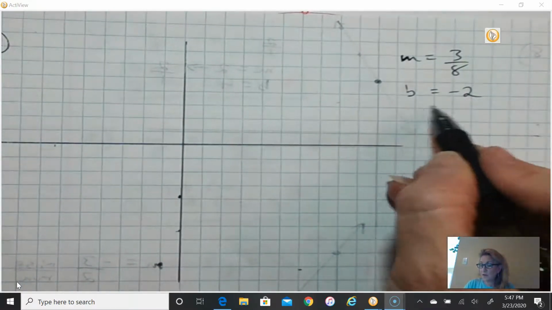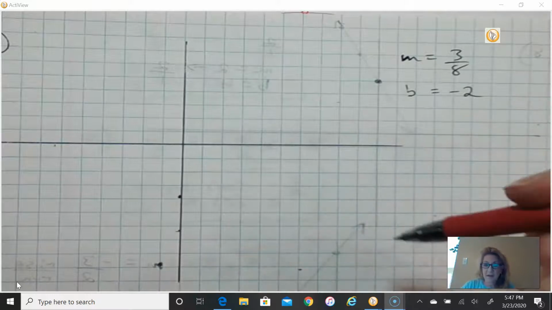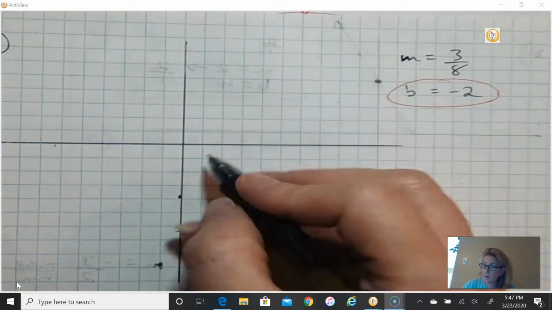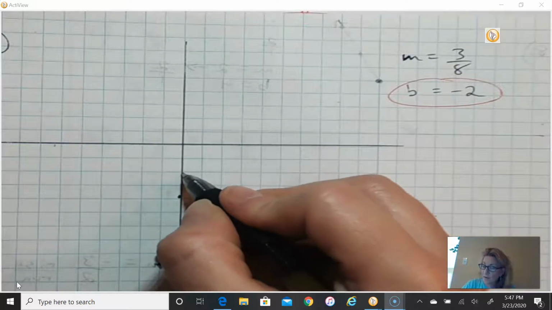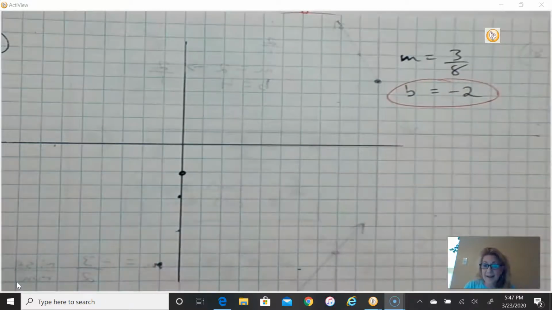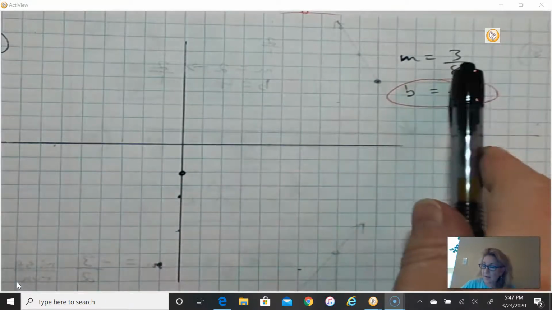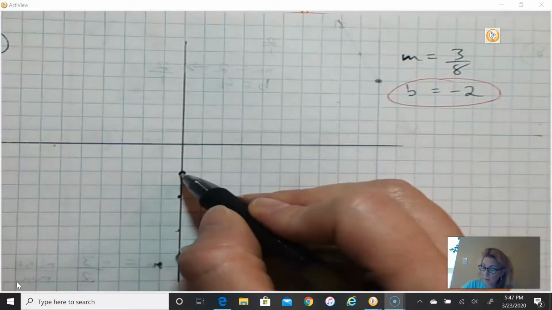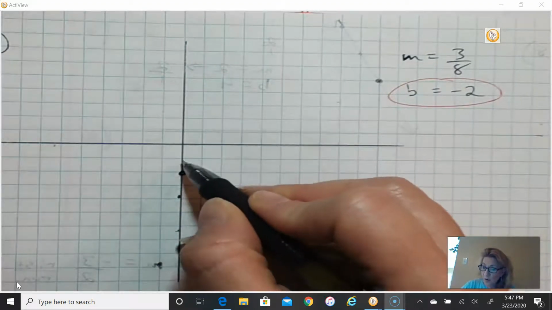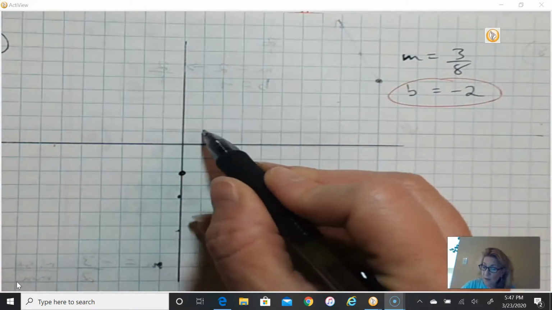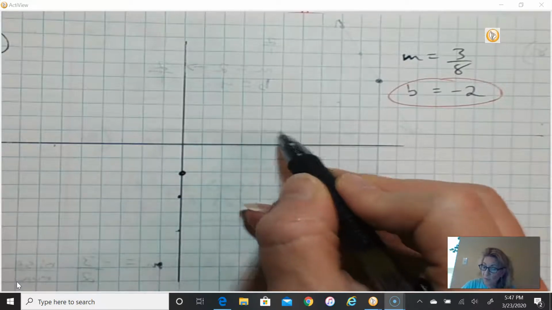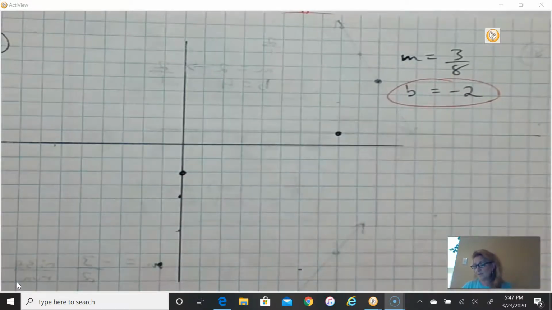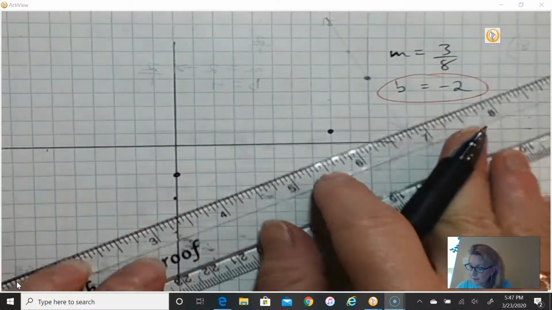So -2, remember that's your first thing. So -2, 1, 2 on the y-axis. Now my slope is 3 over 8, positive. So from here, 1, 2, 3, 1, 2, 3, 4, 5, 6, 7, 8. And connect the dots.